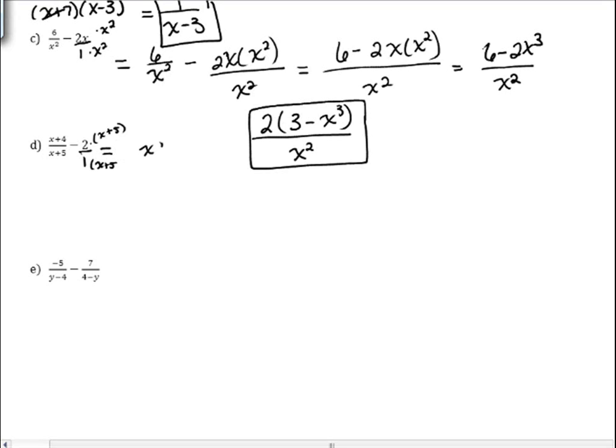So we have (x + 4)/(x + 5) minus 2 times (x + 5), and that's over x plus 5. Now our denominators are the same, so we can subtract the numerators. x plus 4 minus 2 times the quantity x plus 5 over x plus 5.